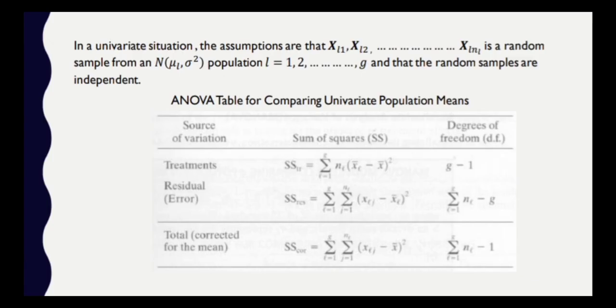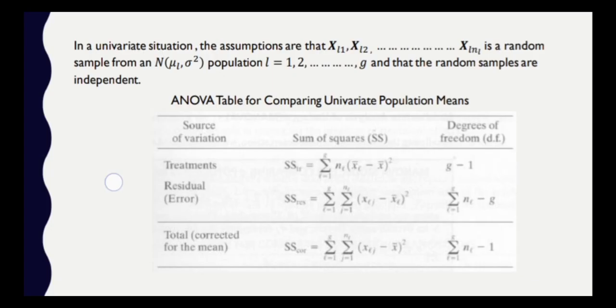And then you will have the sum of squares. Sum of squares treatment is the summation of n L multiplied by the mean of L, which is the population or sample mean, minus X bar, the overall mean, then squared.